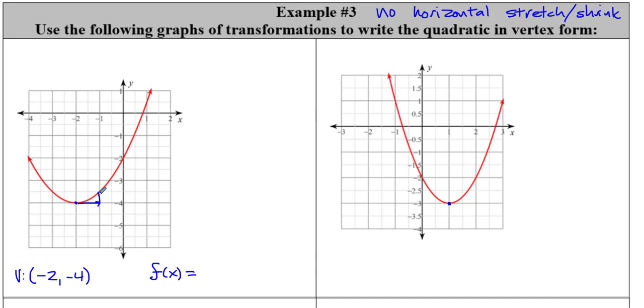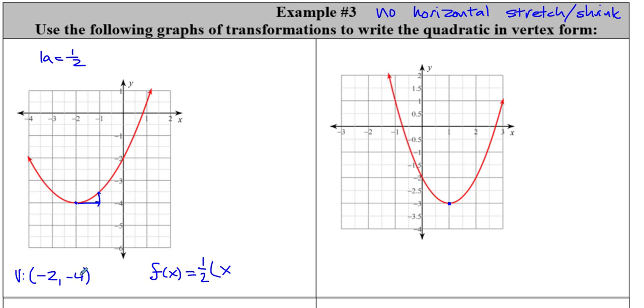But if I only went up by 1/2, so 1 times a equals 1/2, what would be my a value? Well, 1/2 divided by 1 gives me 1/2. So that means I have a value of 1/2.